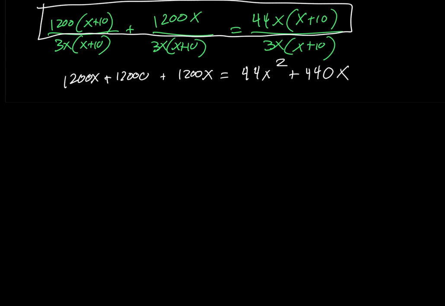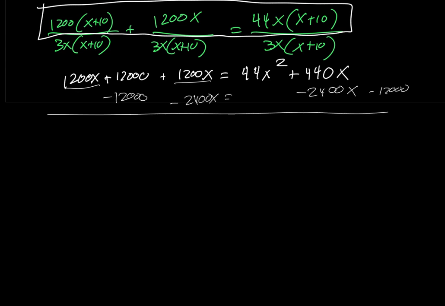Let's see, these together are 2400. So I'm going to subtract 2400x from this side and from that side. And we're going to subtract 12,000 from this side and from that side. On the left, I have 0 equals 44x squared.